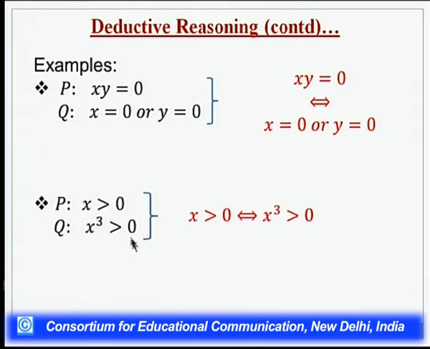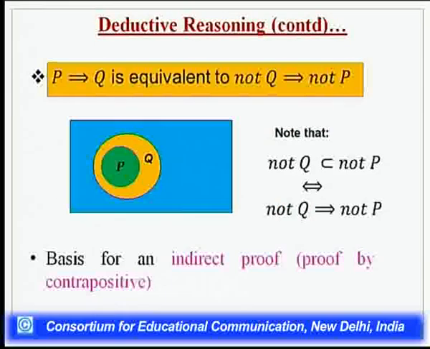Similarly, the proposition x being a positive number is equivalent to saying that x cube is also positive, because if x is positive, then clearly x cube will necessarily be positive, and if x cube is positive, that also necessarily implies that x is a positive number.